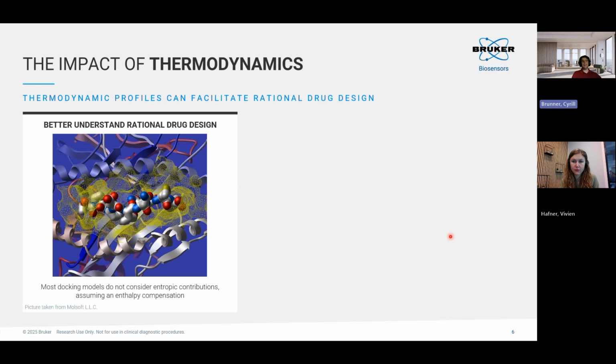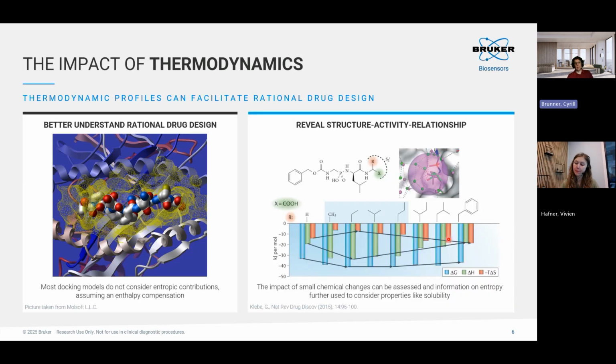And in grading which conformation or which protein might be the best, you typically use enthalpy, assuming that entropy is automatically compensated by enthalpy. However, that assumption isn't always true, and therefore it might be very helpful to actually know in the beginning what is the individual component or influence of the enthalpic and the entropic contribution on the overall binding affinity and energy.